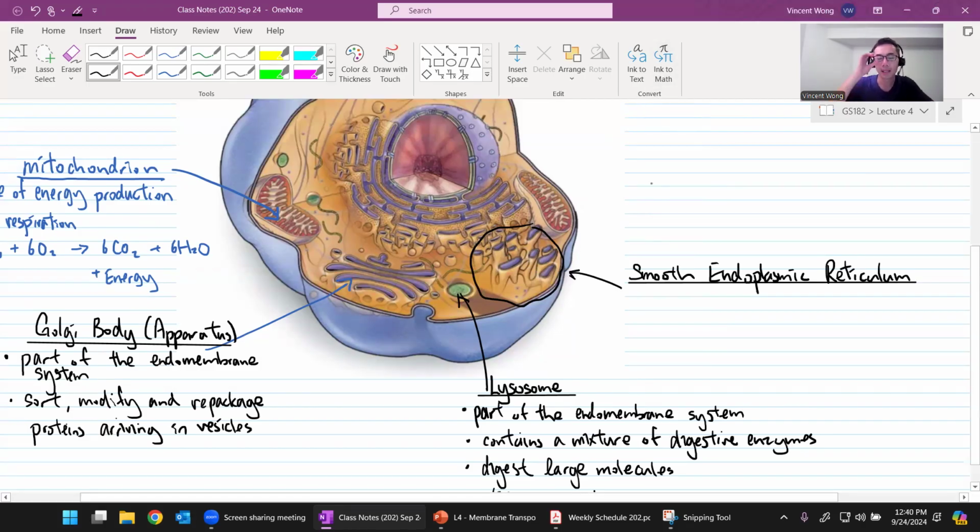Okay. All right. So smooth endoplasmic reticulum. The main function of that is to synthesize lipids. They can also help break down lipids and detoxify drugs.